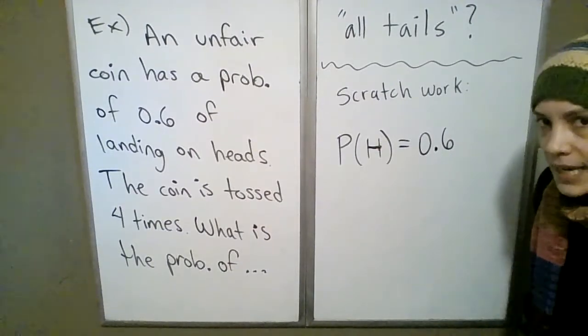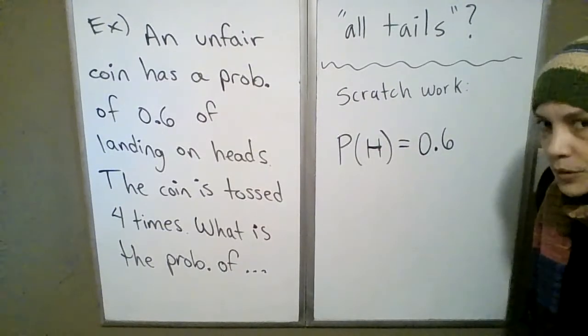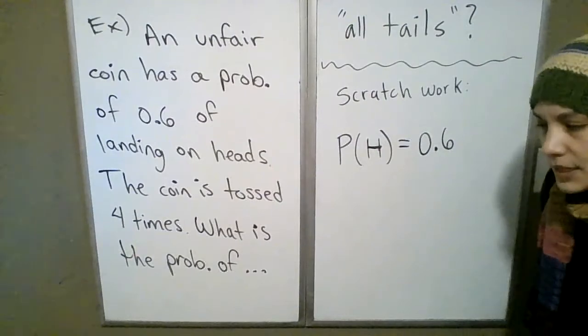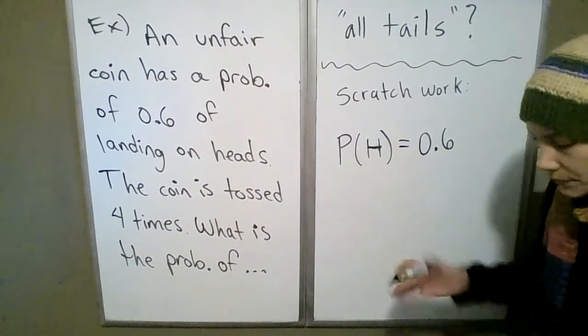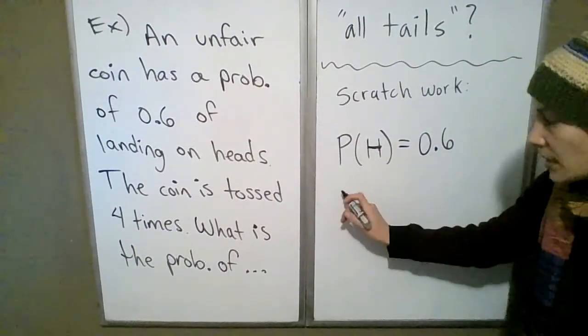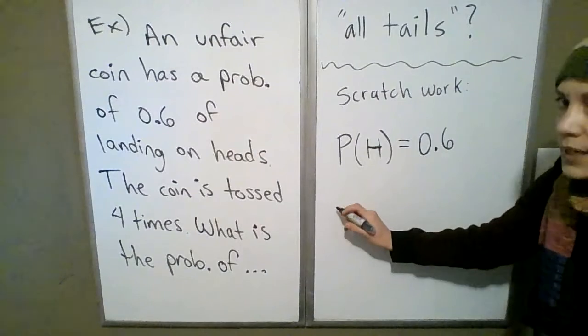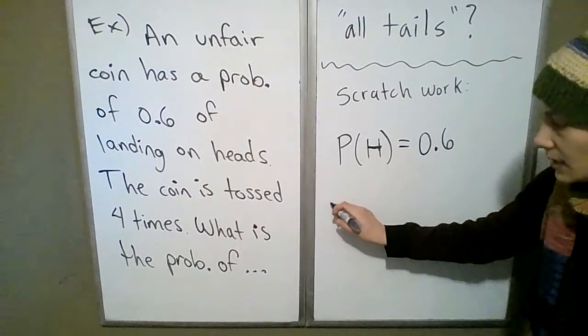Okay. And the total probability is 1. So it's heads or tails. The chance of getting tails is 1 minus 0.6.